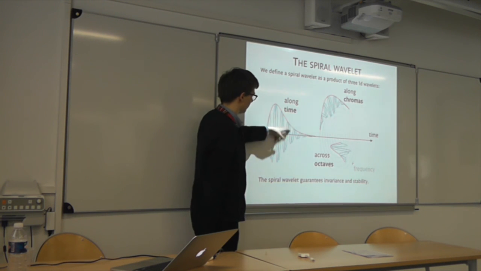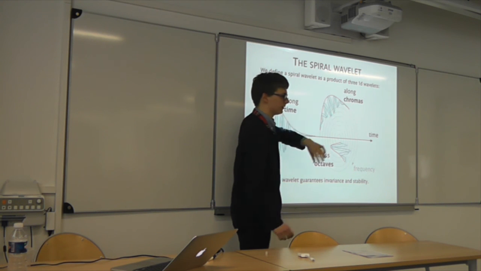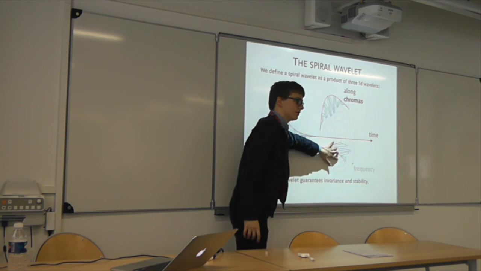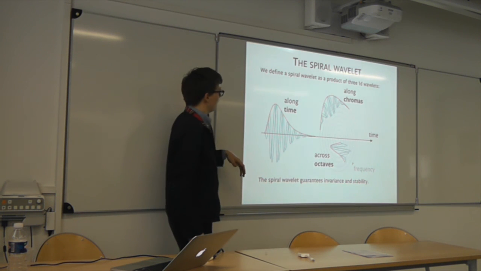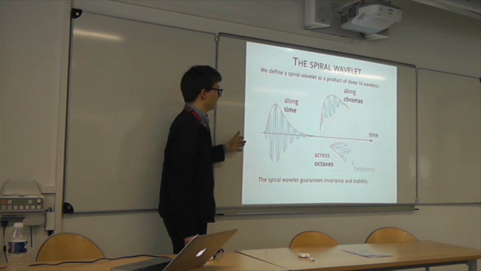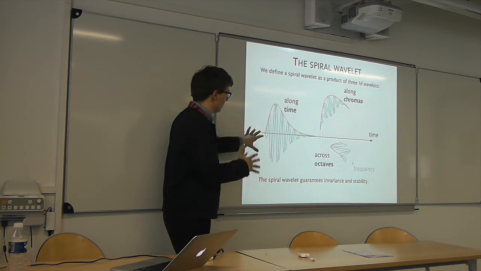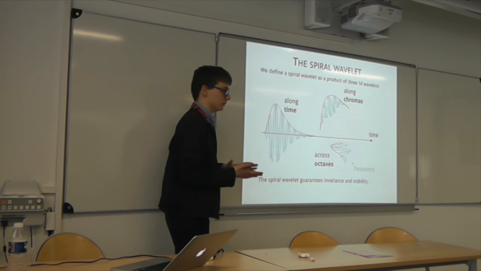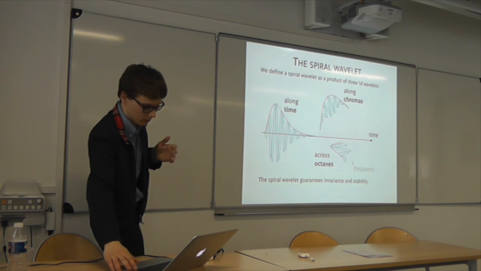So we have a gamma tone here oscillating along time. We have a Normale oscillating along chromas, giving this pitch drift. And we have this harmonic contour that changes. And since it's a product of wavelets, since all the filter banks are unitary, the theory remains the same. It's a more complex object, but it's made of three simple objects. So we can keep exactly the same formalism.